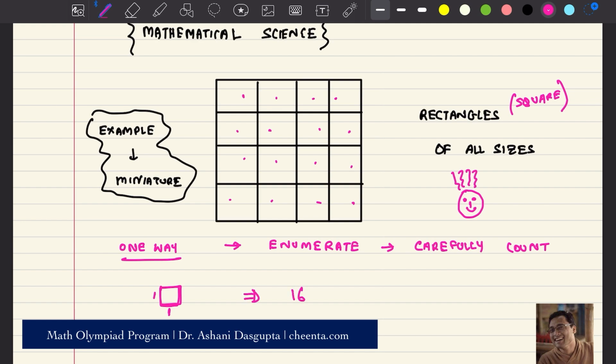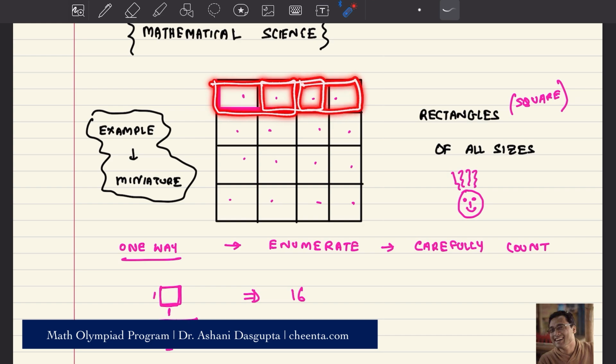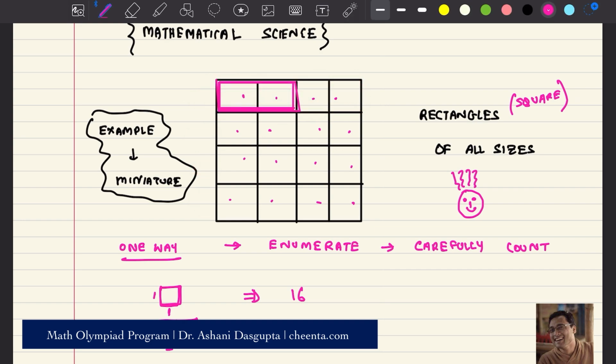Now we can count the 1 cross 2 rectangles. So all the rectangles like this, of this particular form. So we have 1 of them, 2 of them, 3 of them. So each row has 3 of them. So there are 12. Then we can do 2 cross 1 rectangles.